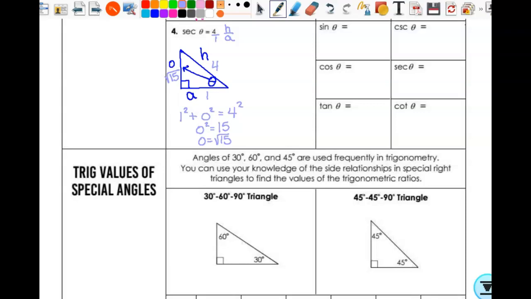So sine, opposite over hypotenuse, square root of 15 over 4. Cosine, adjacent over hypotenuse, 1/4. Tangent, opposite over adjacent, that's square root of 15 over 1, so that's just square root of 15.